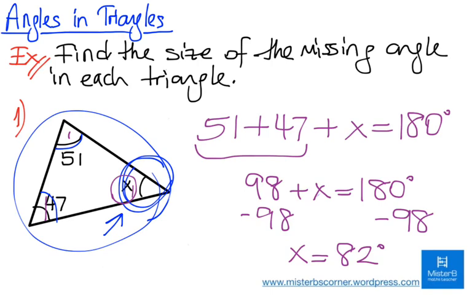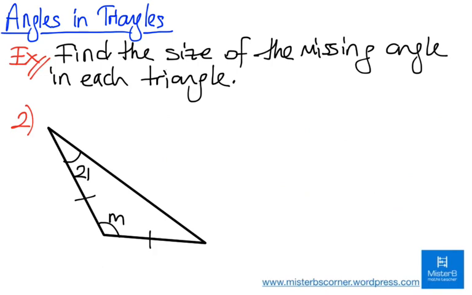Another example. Now, in this triangle, we have those marks on the side lengths. These tell me that these two sides have the same size. So they are the same. Now, when we look at the question, they're asking us to find the size of this angle. Now, we're supposed to know two angles at least.